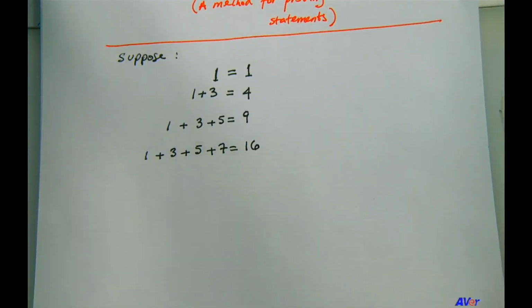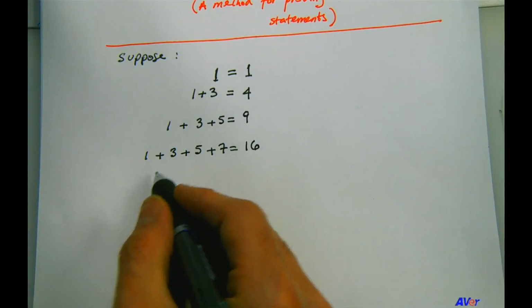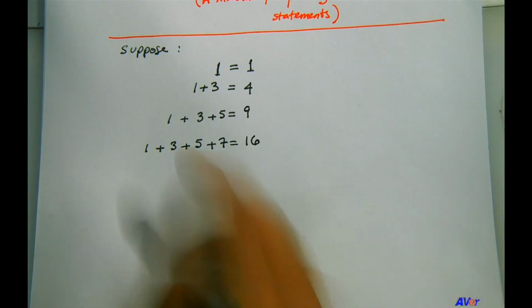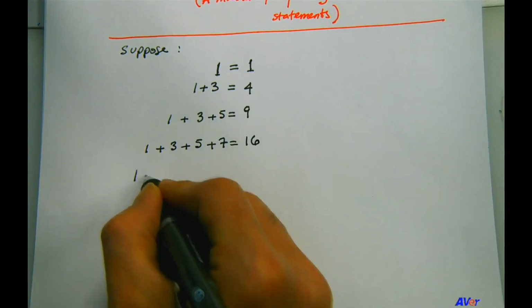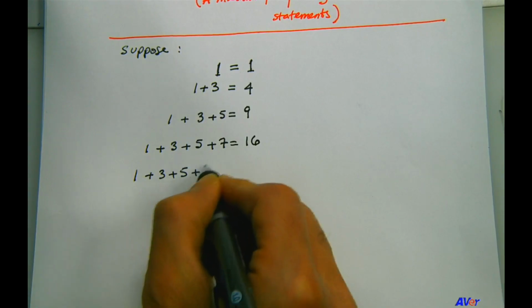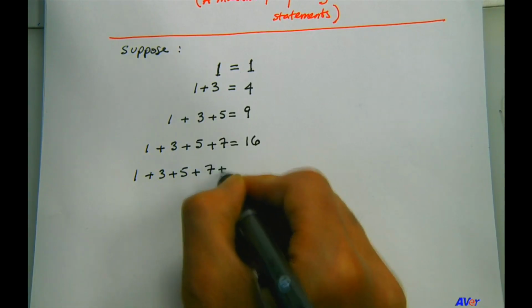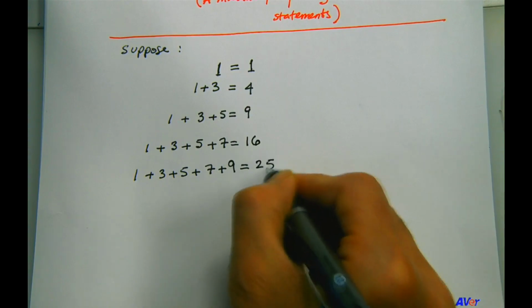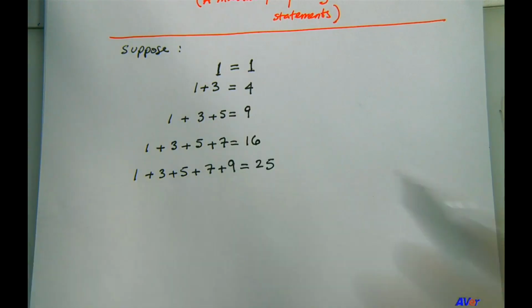An equation is a mathematical statement. So I'm going to say that 1 plus 3 plus 5 plus 7 plus, let's say, 9 equals 25, right? Once again, nobody would argue with that.